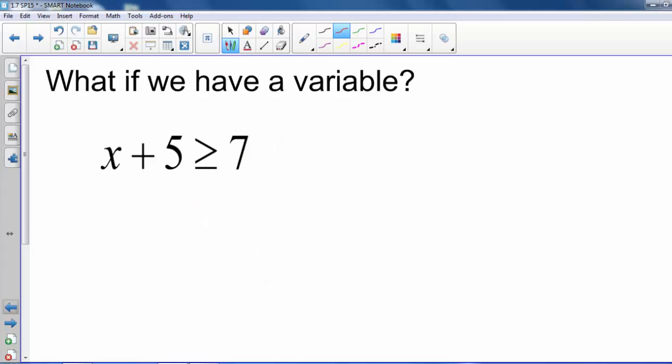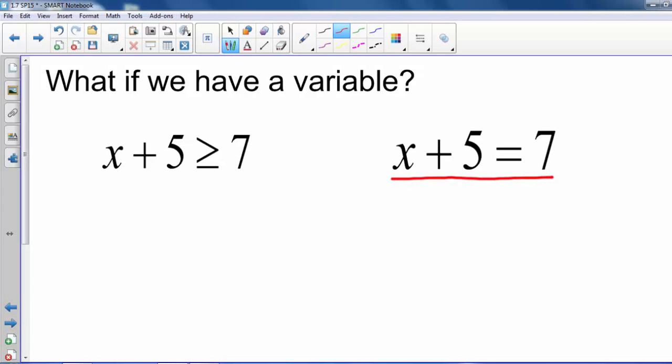What if we have a variable? So what if we have the inequality x plus 5 is greater than or equal to 7? Well, when we had an equation, x plus 5 equals 7, this was asking, what is the value x that makes the statement true? The same thing is true in the case of inequalities.